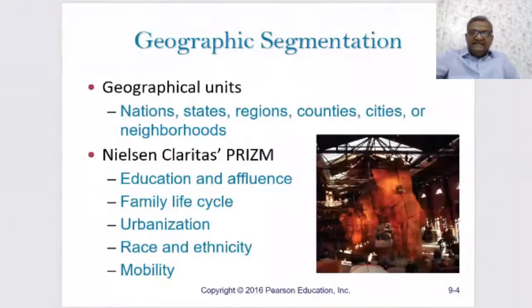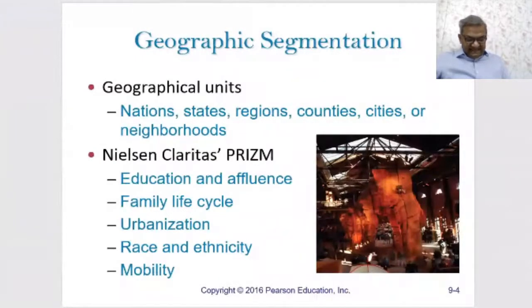Now, if you're looking at geographical segmentation, we would be using certain types of geographical units, for example, nations. It could be the states within a nation. It could be the regions, country, cities, or even neighborhood. We have something called Nielsen's Claritas Prism.